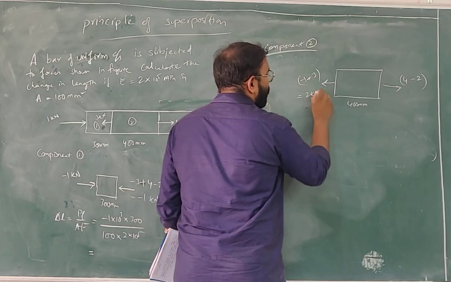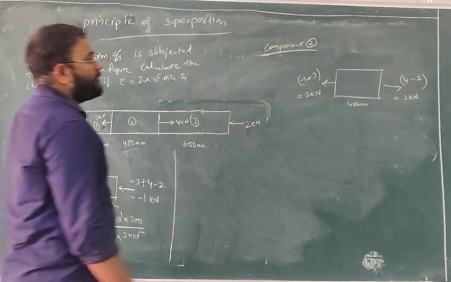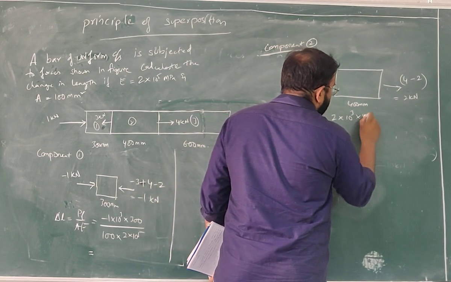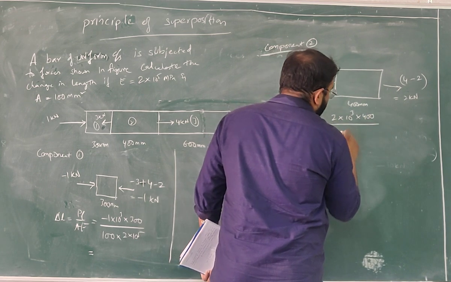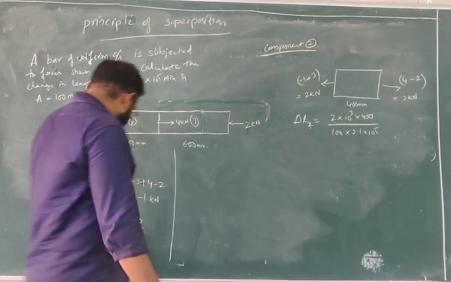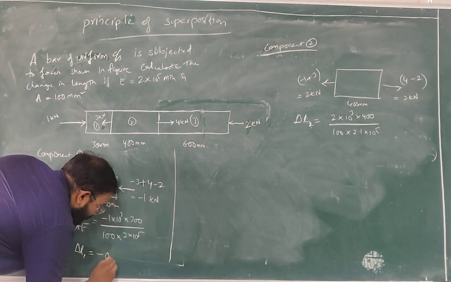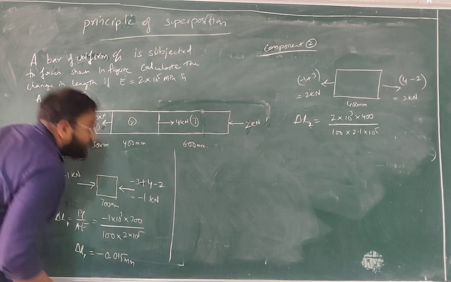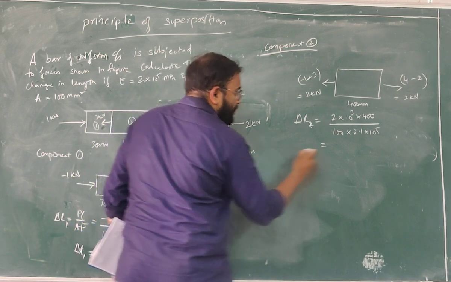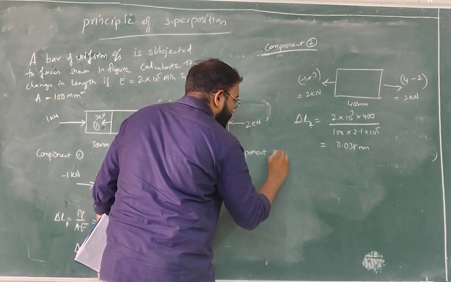So this is 2 kilonewton and 2 kilonewton on either side. Now substituting in the formula, delta L is equal to 2 into 10 power 3 multiplied by 400 divided by 100 into 2.1 10 power 5. This is delta L2. This is delta L1. What is the answer? Minus 0.015 millimeter. Now similarly, for component 2 the answer is 0.038 millimeter.